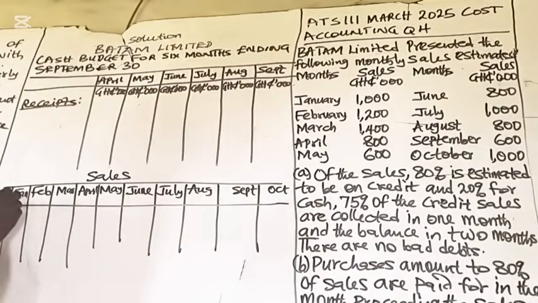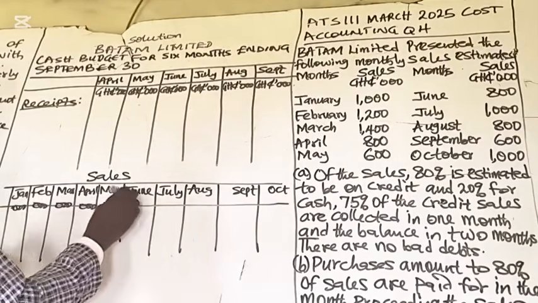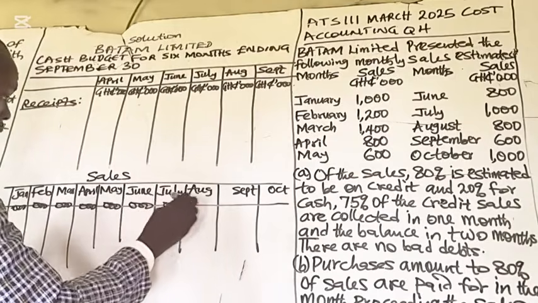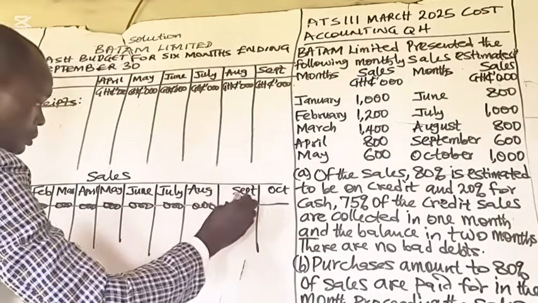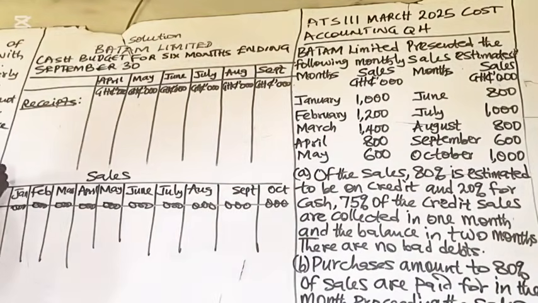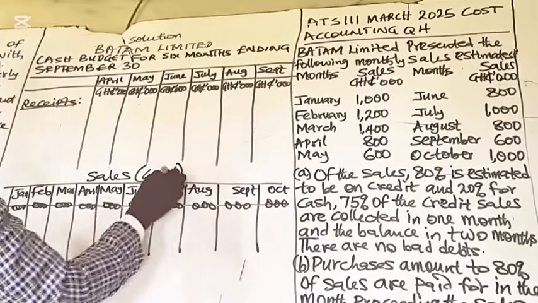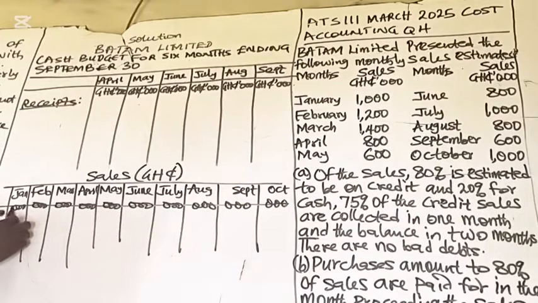The amount is in 1,000 Ghana cedis. The transaction is in Ghana cedis, but in order to economize space and save time, I don't want to add Ghana cedis here, because the space will not contain it if I add it.